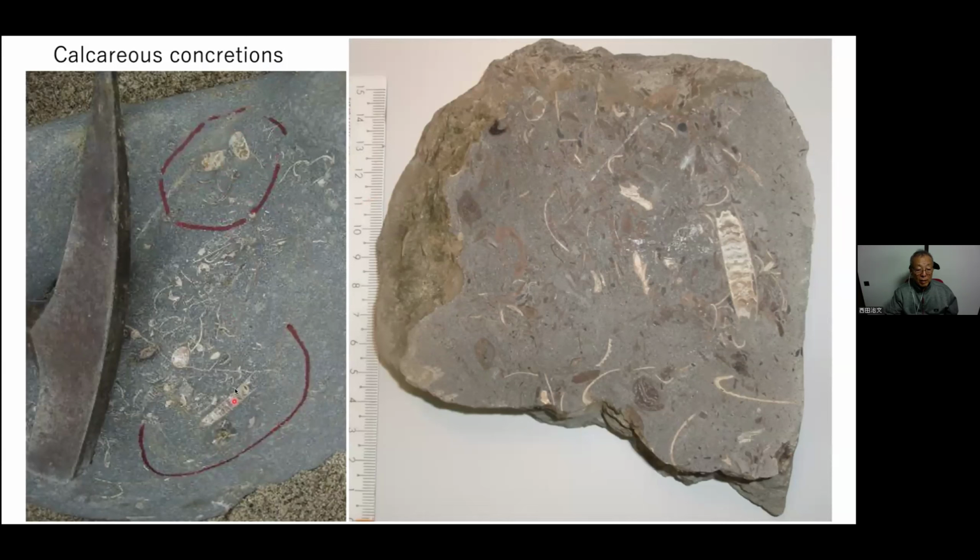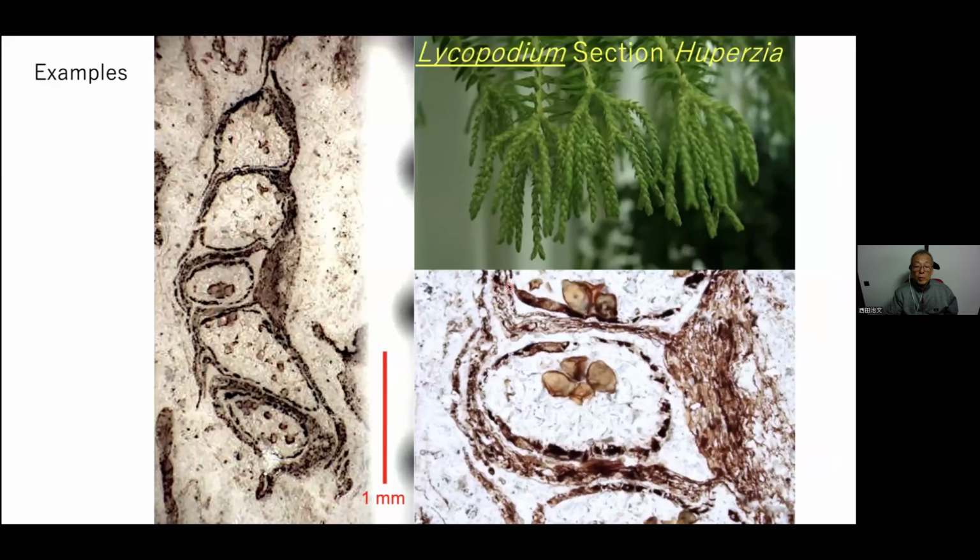And this one is an elongated ammonite, Baculites type, and the black or brown ones are plants.